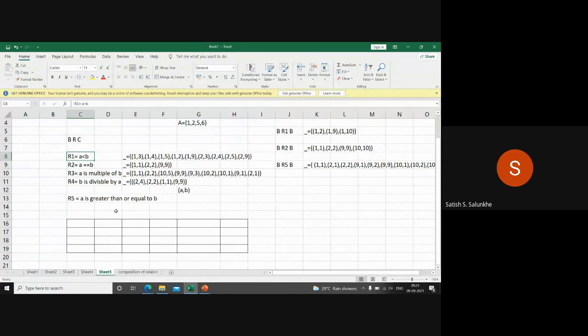Another way is to list all the elements of the domain here and all the elements of the codomain here. So basically this is relation R1 we are talking about, from B to C. What are the elements of B?